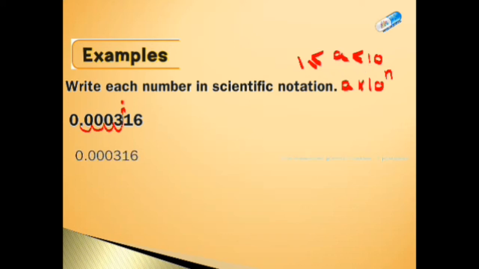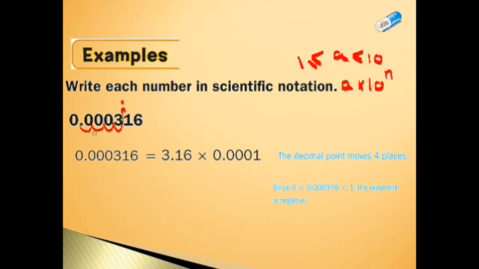So the decimal point will move 4 places. So it will become 3.16 times how many? Is it times 1 and 4 zeros to its right, or 1 and 4 zeros to its left? Yes, to its left. Why? Because it was 0.000316.